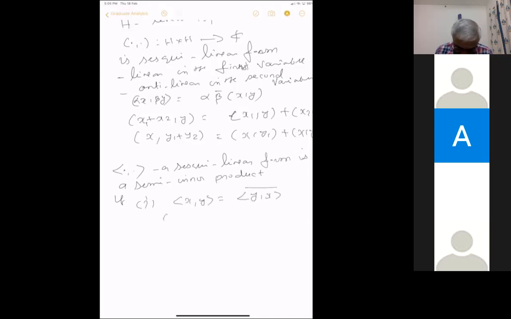This is what is called self-adjoint. This is how you take the adjoint in a matrix, so it's similar to that. It's very related to that.